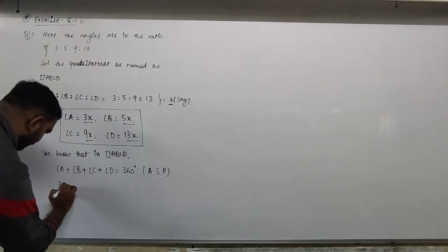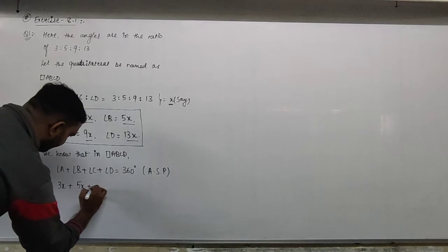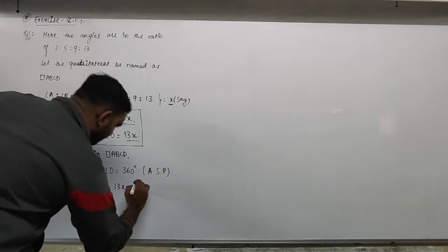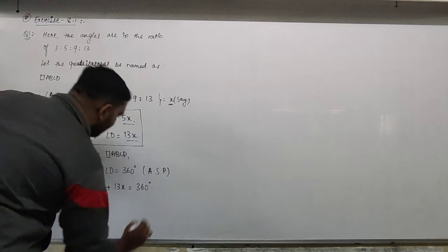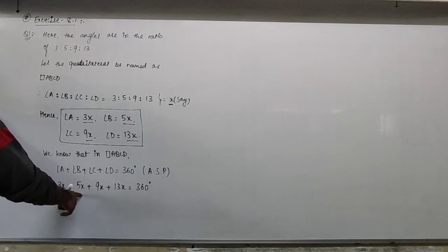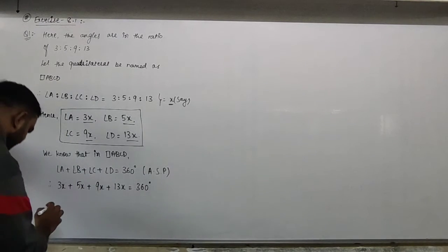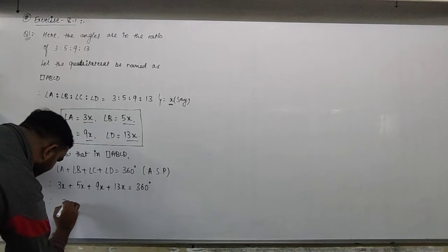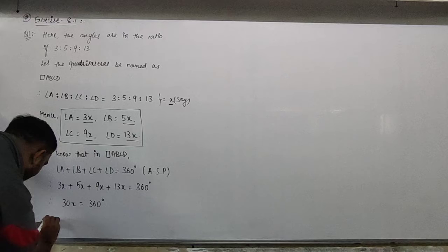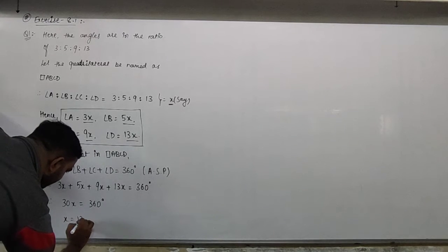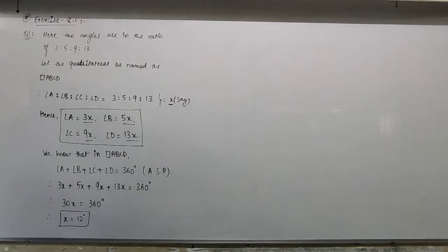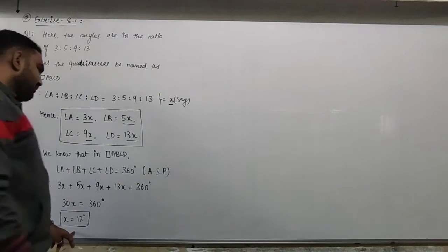Therefore 3x plus 5x plus 9x plus 13x equals 360 degrees. Add everything: 5 plus 3 is 8, 8 plus 9 is 17, 17 plus 13 is 30. So 30x equals 360 degrees, and hence x equals 12 degrees. So we got the value of x here, 12 degrees.